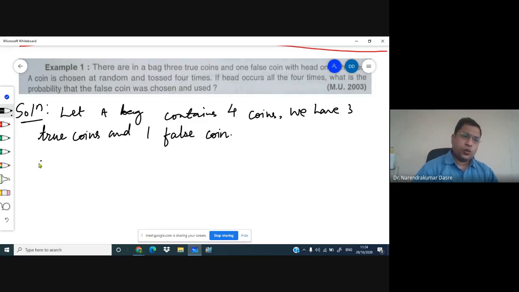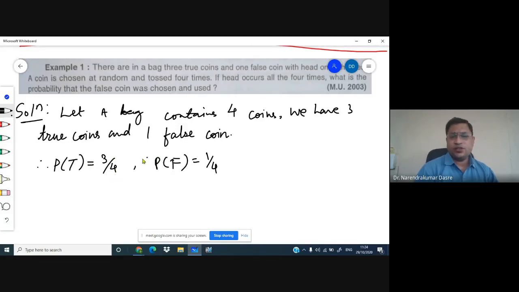So what is the probability that the true coin was selected? It is 3 by 4. And the probability that the false coin is selected is 1 by 4, because we have a total of 4 coins, out of which 3 are true coins and 1 is a false coin. So the probability that the true coin is selected is 3 by 4 and the false coin is selected is 1 by 4.